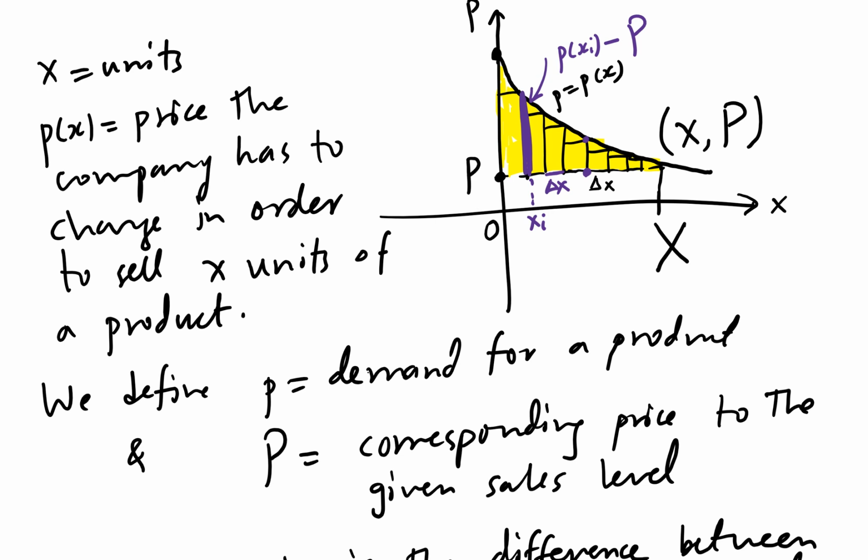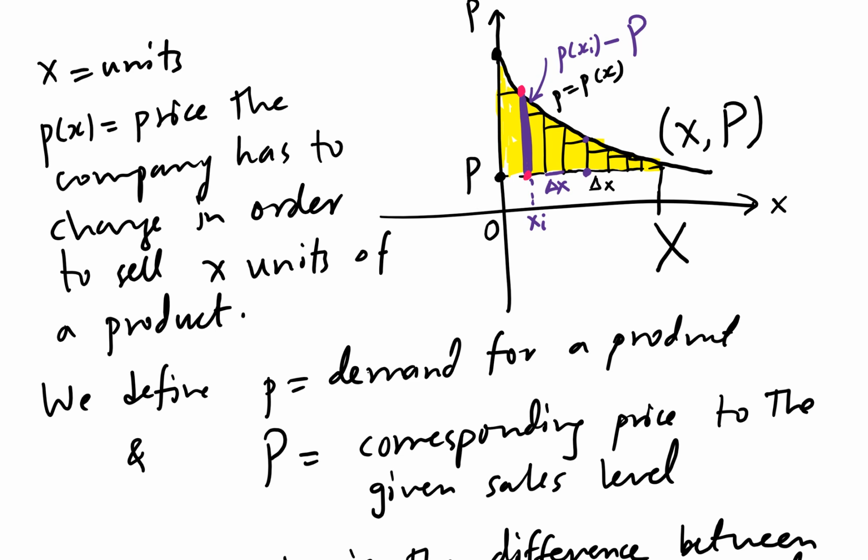So in this case, if you look at the graph, what is small p of xi minus capital P? Originally you wanted to pay this much money all the way up, but then you ended up paying lower, like the bottom one.